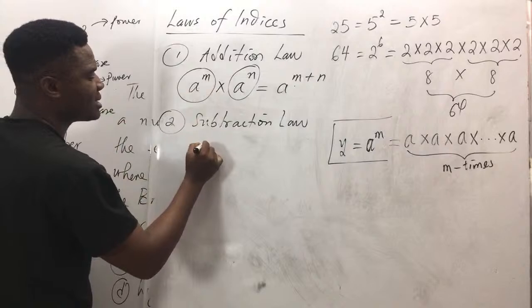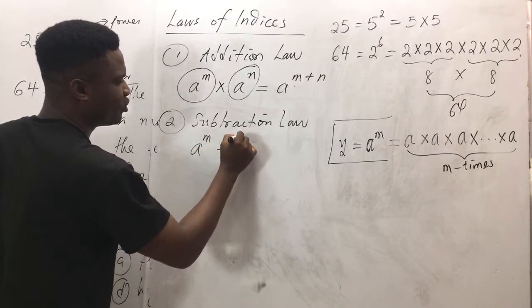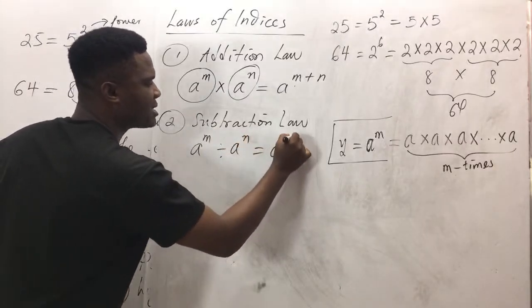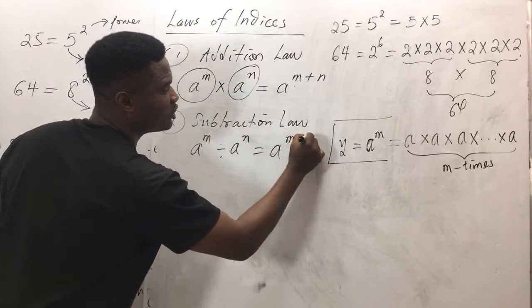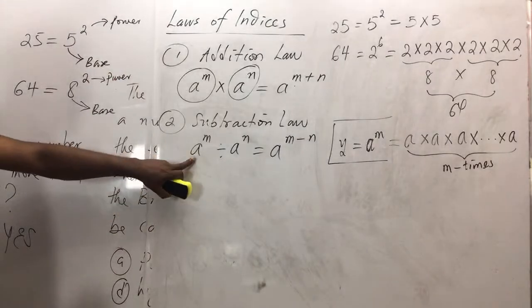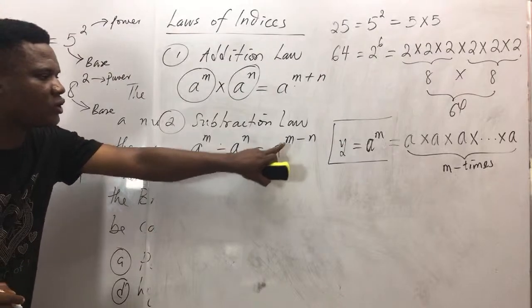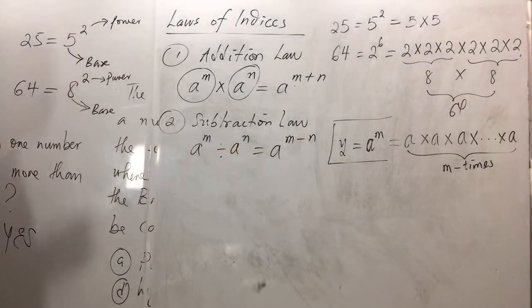When two numbers in index form are divided one by another, the result is the base raised to the subtraction of one power from the other. So you end up having a raised to power m divided by a raised to power n is equal to a raised to power m minus n. So this is the second law, and it is called the subtraction law.